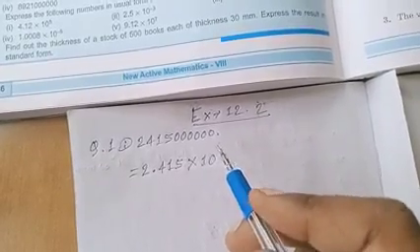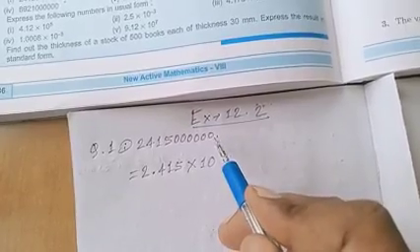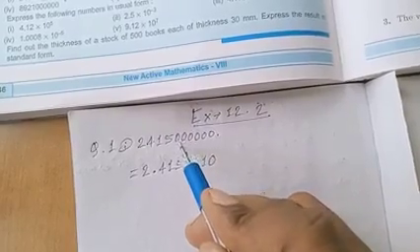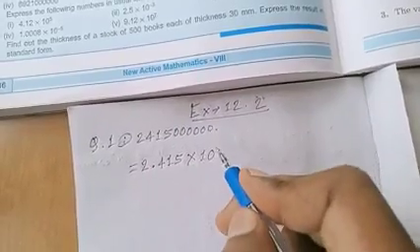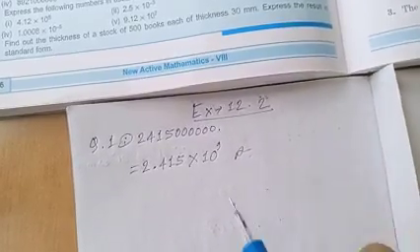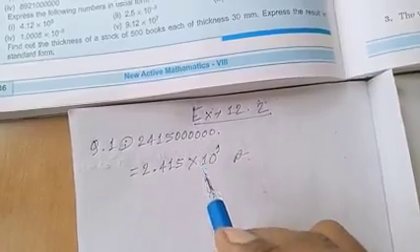What should be the power? You will have to count by how many places you have shifted the decimal point. 1, 2, 3, 4, 5, 6, 7, 8, 9. So the power will be 9. This is the required standard form of the given number.